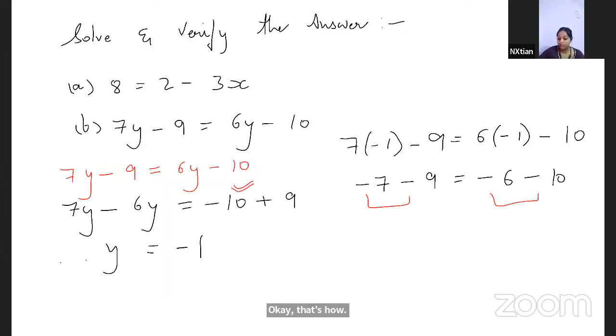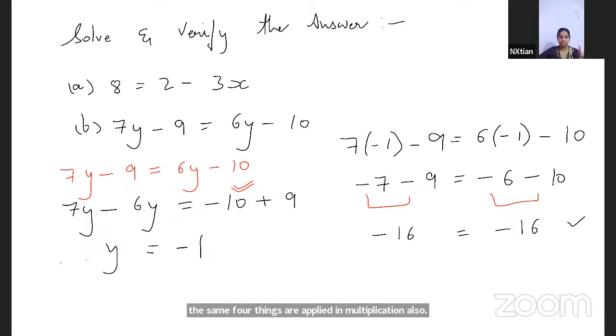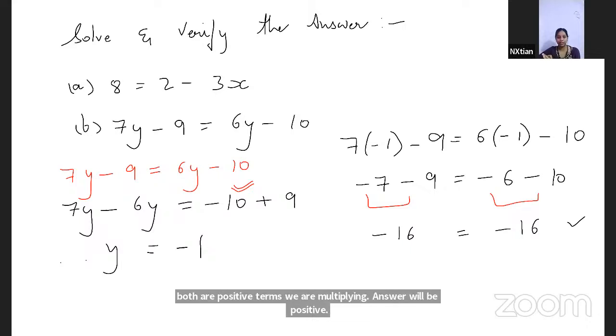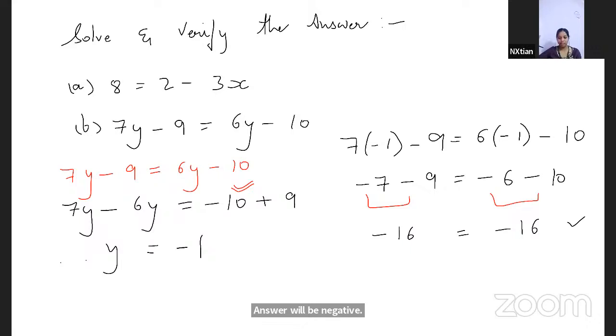Ma'am, plus into plus equals plus, minus into minus equals minus, plus into minus equals minus, and minus into plus equals minus. Yes, the same rules are applied in multiplication also. Both are positive, answer will be positive. One positive, one negative, answer will be negative. Both negative, answer will come positive. That applies in multiplication too.